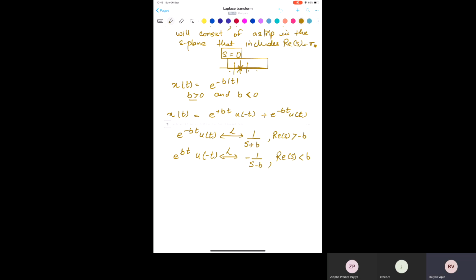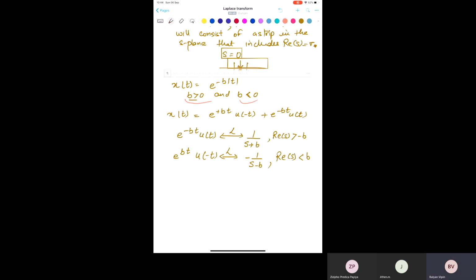Okay. So we have two things now. Now we have to divide these two things with respect to the values given to us of b. The first condition is that b is greater than 0.